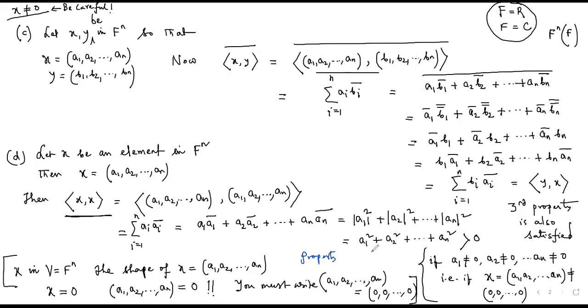Hello, sir. If all are 0 except one, any value in a1, a2 to an, then okay. You are saying that suppose a1 is not 0, a2 is not 0, dot, dot, dot, but an is 0. Or suppose I'm writing it in this manner: a1 is not 0, but every other element is 0: a2 is 0, a3 is 0, dot, dot, dot, an is also 0.